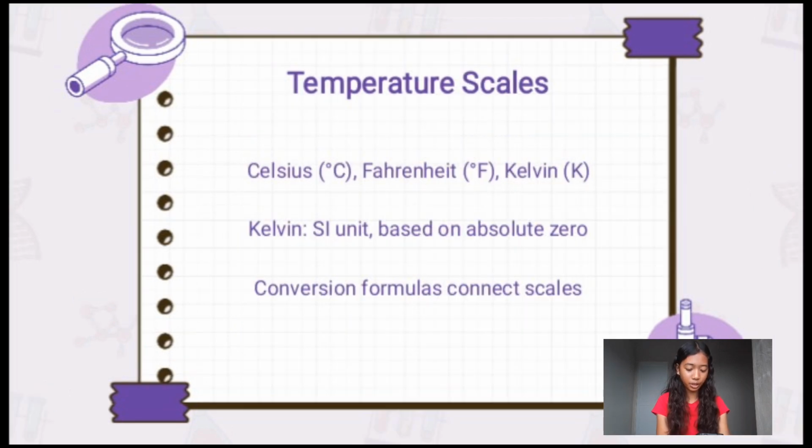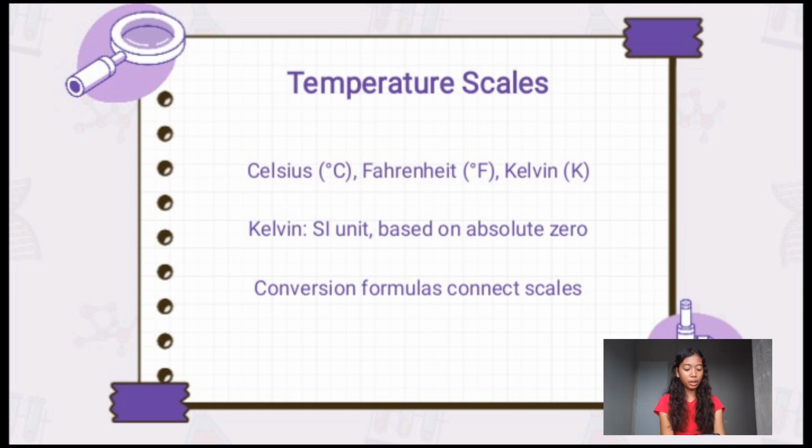Next is temperature scales. Usap na mga temperature scales like Celsius, Fahrenheit, and Kelvin. Kelvin is the unit and it's based on absolute zero, which is like the coldest possible temperature where all motion stops.